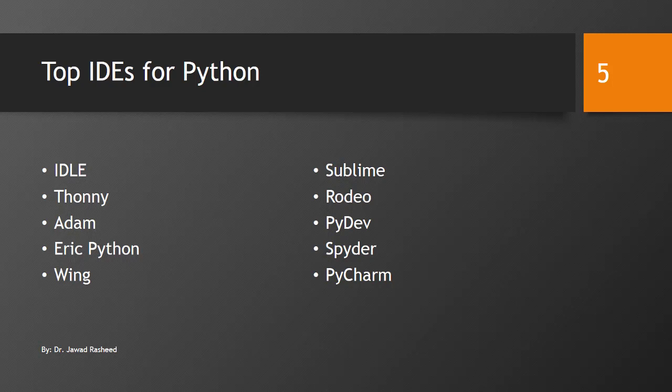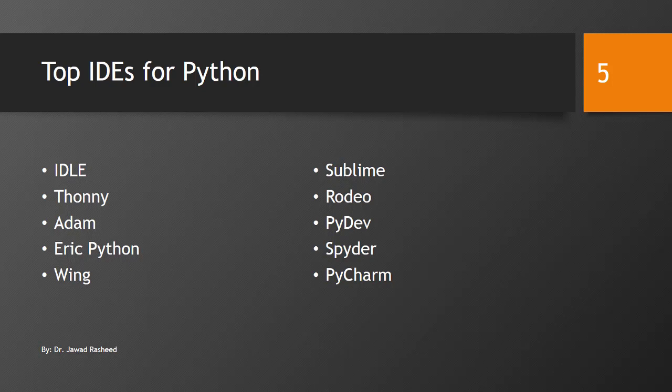Eric Python is also one of the famous IDEs, which is an open source cross-platform IDE. It is written completely in Python. Its source code is available freely and can be studied and edited by anybody.